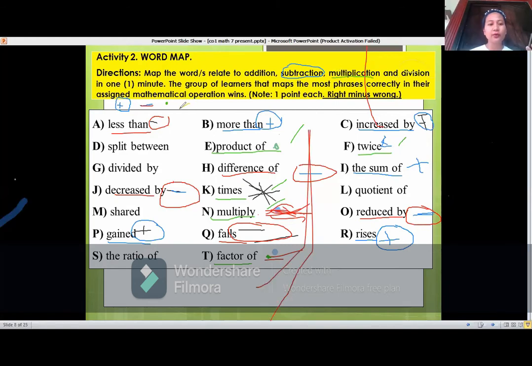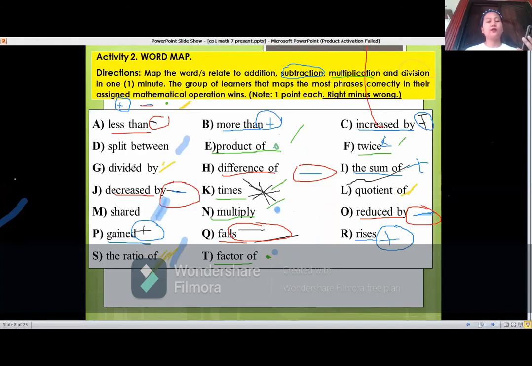So in division, you are going to use the symbol slash. This one, can you see it? So the words for division are split between, the ratio of, shared, the quotient of.